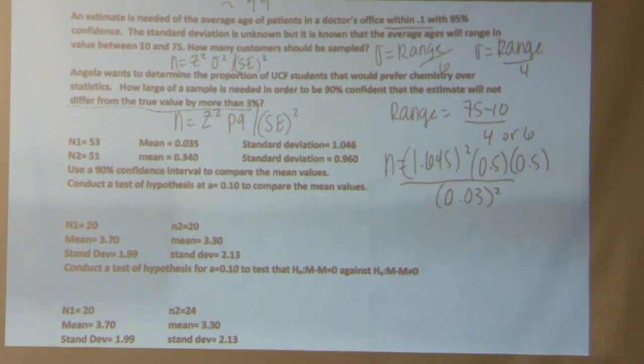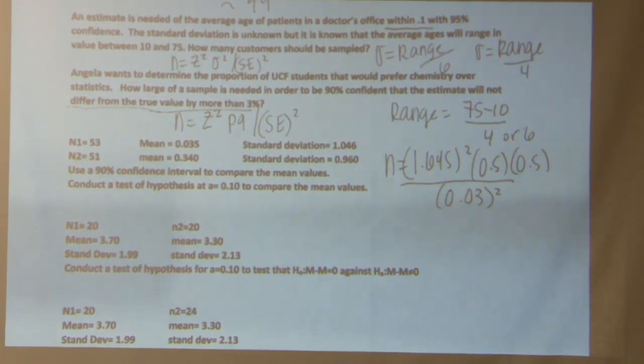So the next one, they gave us 2 different sample populations, one with an n value of 53, one with an n value of 51. They gave us the mean and standard deviations, and they want us to use a 90% confidence interval to compare the mean values. So these are going to be 2 large independent tests.